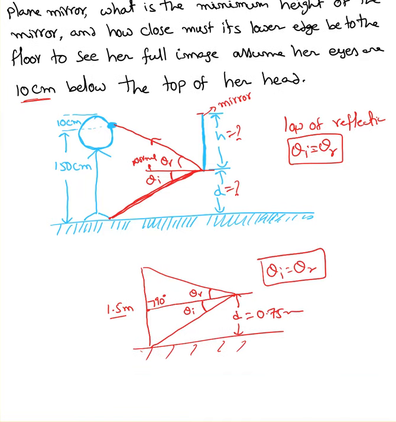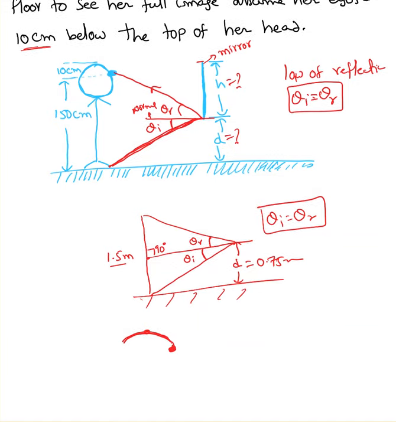Now we'll look into the top portion. So if you look into the top portion, here is the top of the head and here is the eyes. So a light ray has to, let me draw it here. So here is theta, the light ray is coming back, but the light ray is going to fall there. So I'm going to magnify that portion.